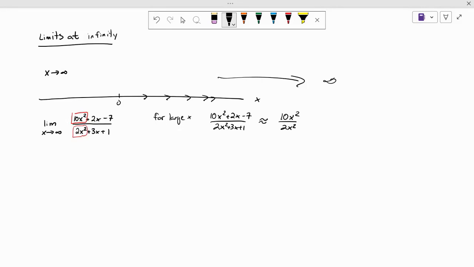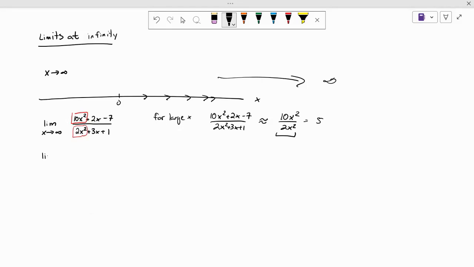Those highest powered terms dominate the other terms. So if you simplify this, what would you get? I can tell you that our limit is probably going to be 5, for large x's.